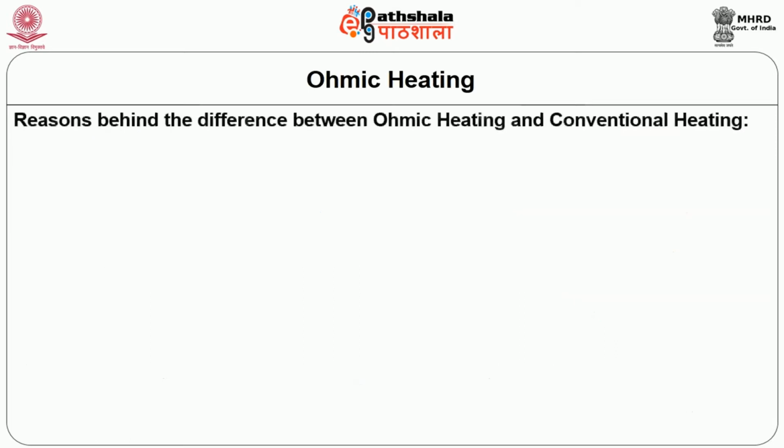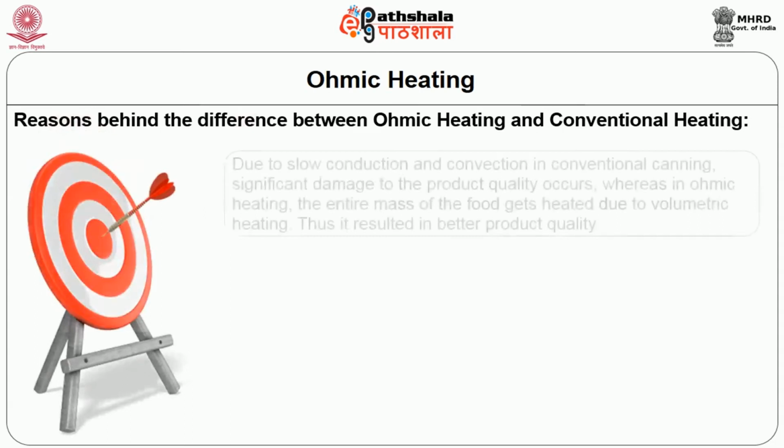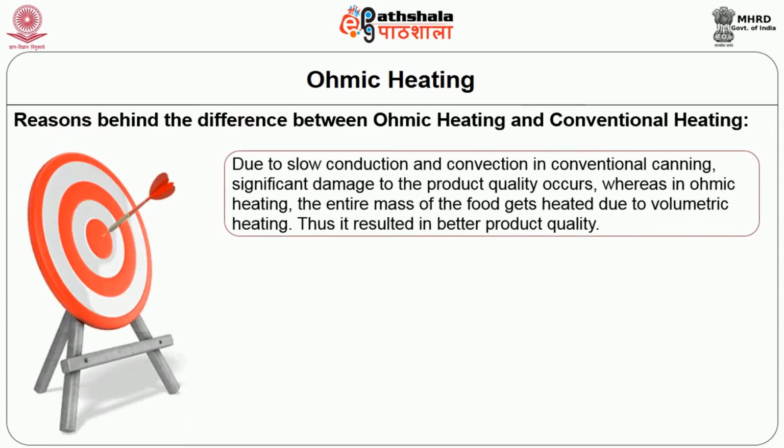We are all well aware of the conventional heating methods. But ohmic heating is entirely different from conventional heating. We will see the reasons behind this difference. Due to slow conduction and convection in conventional canning, significant damage to the product quality occurs, whereas in ohmic heating, the entire mass of the food gets heated due to volumetric heating.